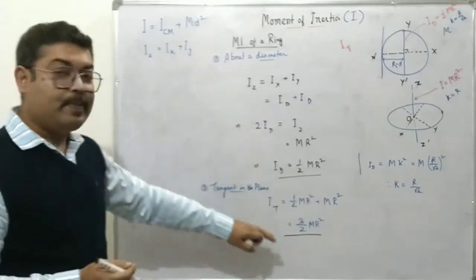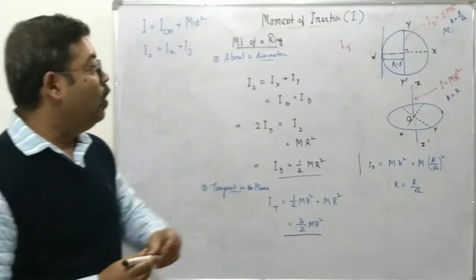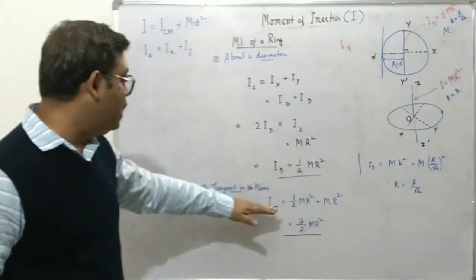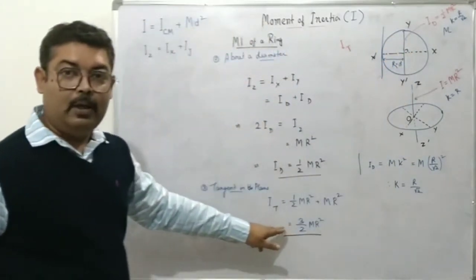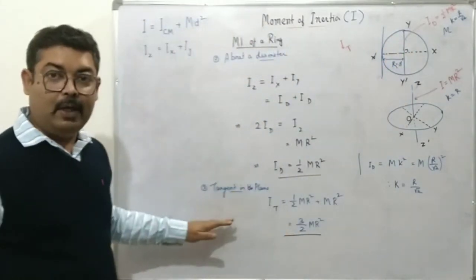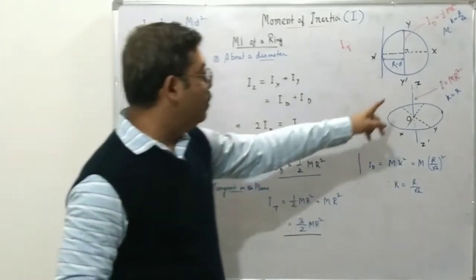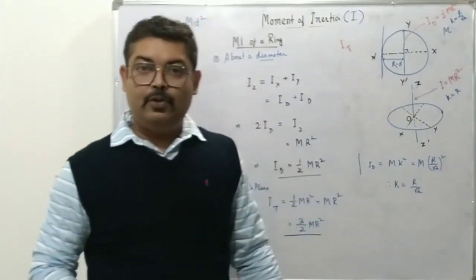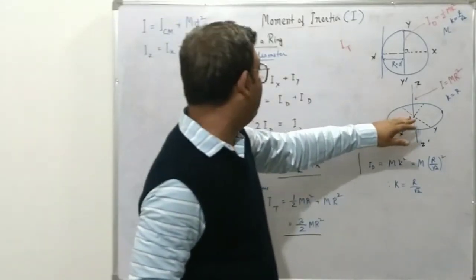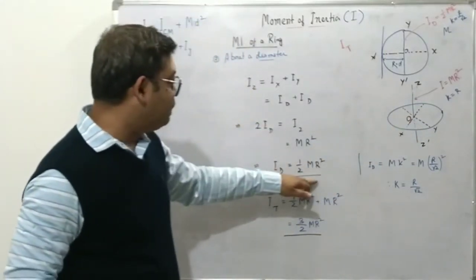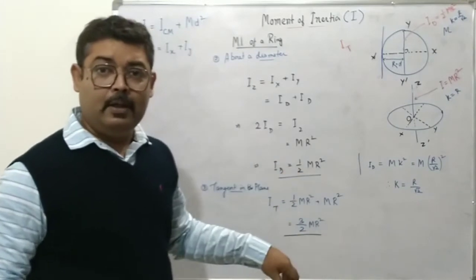See how easy it has become. We don't need to do all the complicated calculations. We already know the moment of inertia about the diameter, so we can directly get to the moment of inertia about the tangent in the plane. We already know the moment of inertia about an axis passing through the center and perpendicular to the plane. That's why we were able to find the moment of inertia about the diameter.